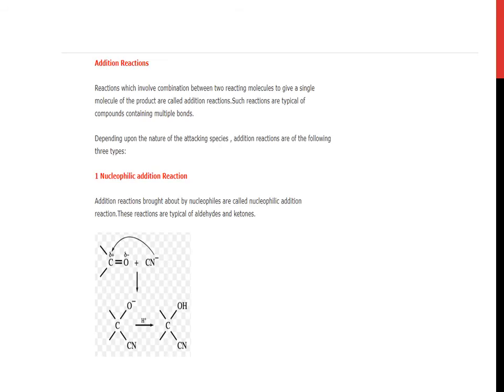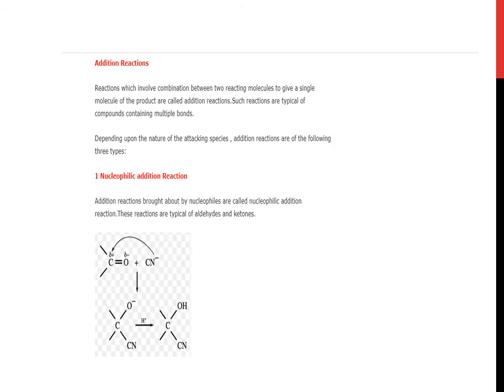Addition reactions. Reactions which involve combination between two reacting molecules to give a single molecule of the product are called addition reactions. Such reactions are typical of compounds containing multiple bonds. Depending upon the nature of the attacking species, addition reactions are of the following three types. Number 1. Nucleophilic addition reaction.